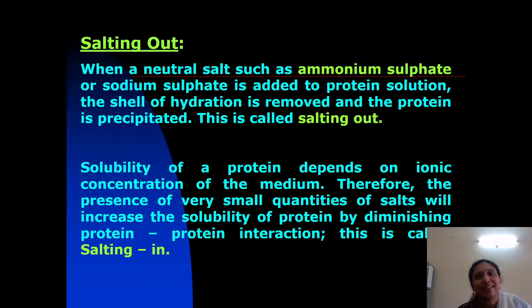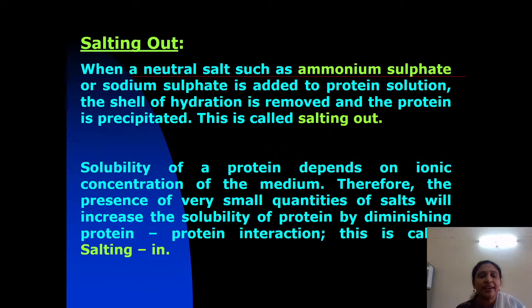This salting out property is used in the separation of albumins from globulins. Both albumin and globulins are globular proteins, important plasma proteins. Albumin is precipitated by full saturation with ammonium sulfate, and globulin is precipitated by half saturation with ammonium sulfate.